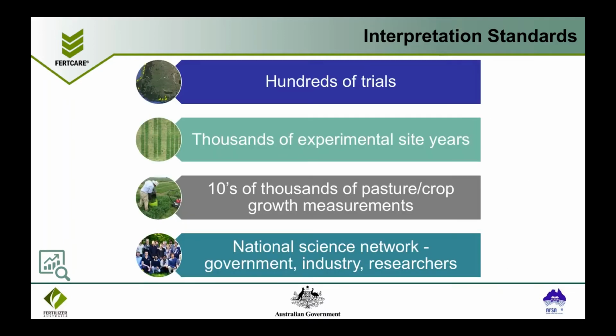Those programs have involved hundreds of trials, thousands of experimental site years worth of work, tens of thousands of pasture or crop growth measurements, and national science networks of people involving government, industry and researchers to collect all of that information together to come up with the best available peer-reviewed science, and to provide standards that the industry can use to evaluate the soil test data once it comes back from the laboratory.